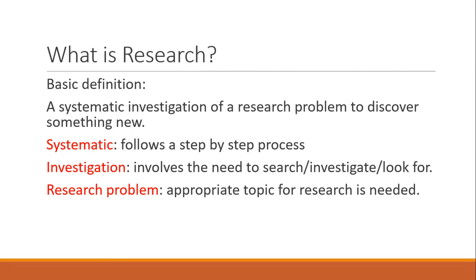A lot of my students sometimes come up with topics that are more like essay topics, like John Keats is an escapist. Well, we already know that Keats was an escapist. That's not something that merits investigation. So it's not a proper research problem.